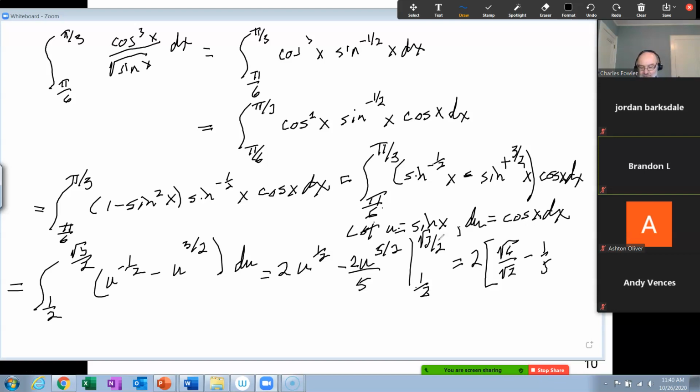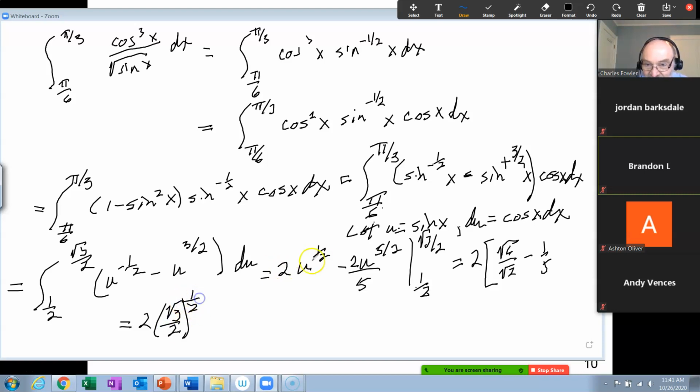Okay. And we're out of time, so let me just cut to the chase here, because I'm just going to write it the way they do in the book. This 2 here times the square root of 3/2 to the 1/2 power.